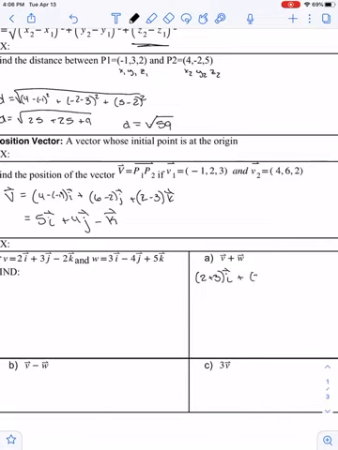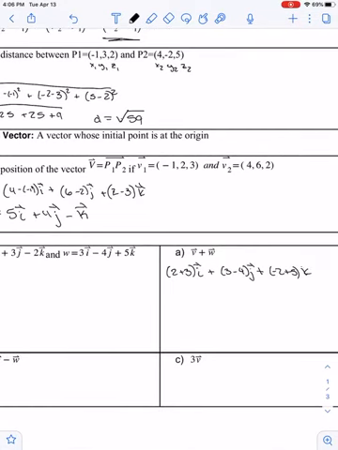And then plus 3 minus 4j plus -2 plus 5k. 2 plus 3 is 5. 3 minus 4 is -1. And then -2 plus 5 is 3.